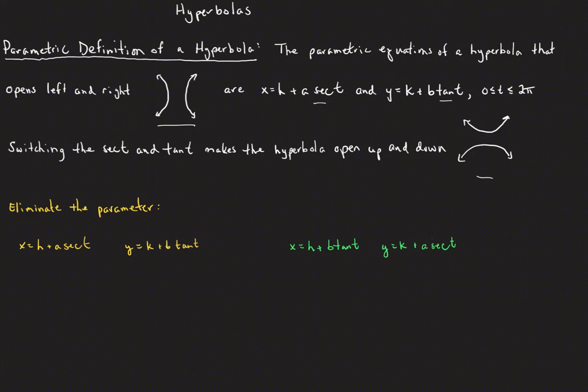To eliminate the parameter, we're going to use a strategy like what we did when we had a sine and a cosine, and we used our favorite trig identity, sine squared plus cosine squared equals 1. But we're going to turn this into an identity involving secants and tangents. So sine squared over cosine squared is tangent squared, and cosine squared over cosine squared is 1, and 1 over cosine squared is secant squared.